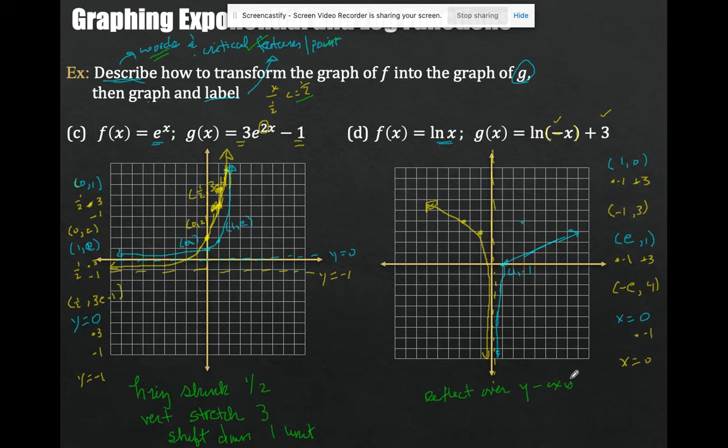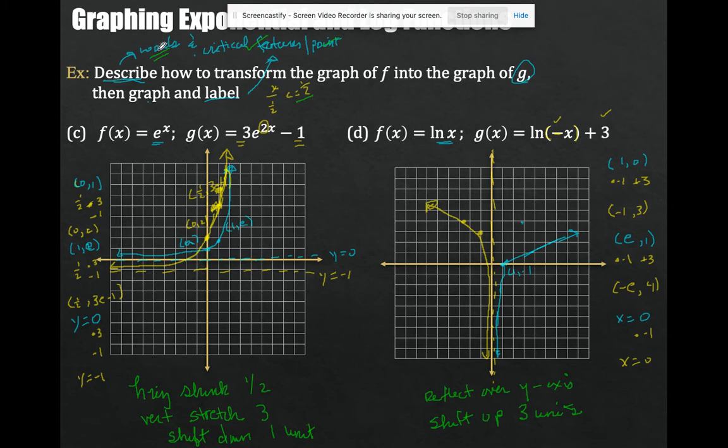My dilation factor was just a 1, but I negated it. So I negated the domain before I logged. It's a reflection across the y-axis. And then what? Shift up 3 units. So make sure you answer the question.